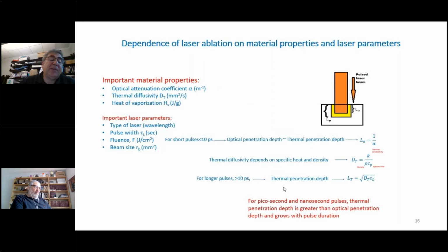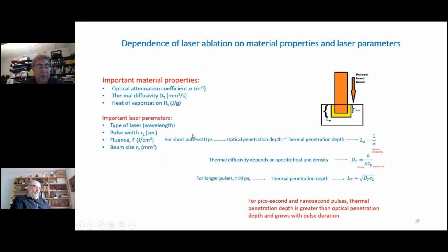For example, as you saw for the paint, alpha for black paint is larger than for the red paint, so it absorbs more, so it requires less energy to ablate. Then you have the thermal diffusivity, D tau, in millimeters squared per second, how easily heat spreads, and then the heat of vaporization in joules per gram.